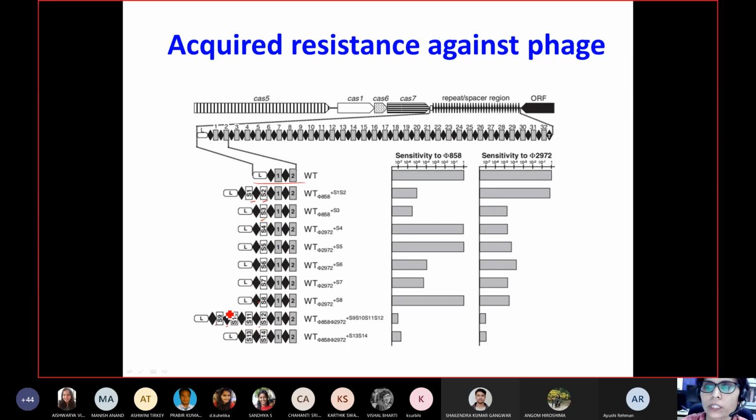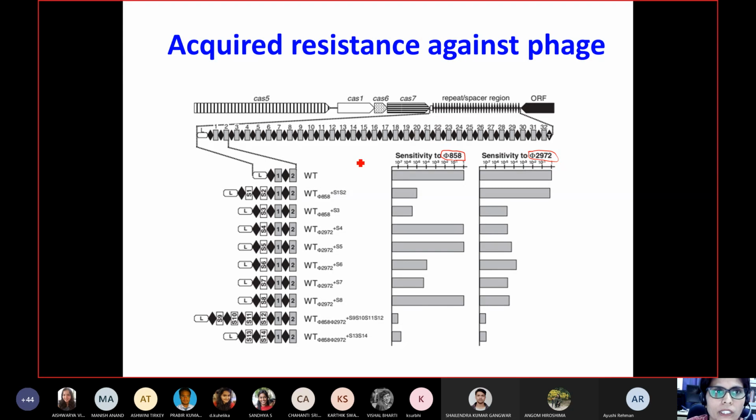Now coming to the experiment they did, I will show you. They infected the Streptococcus strain with two different bacteriophages, one namely 858 and another namely 2972.